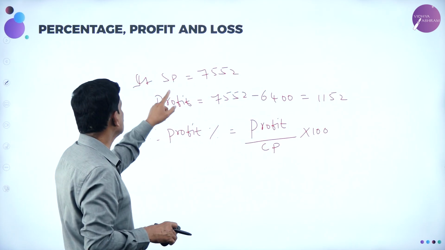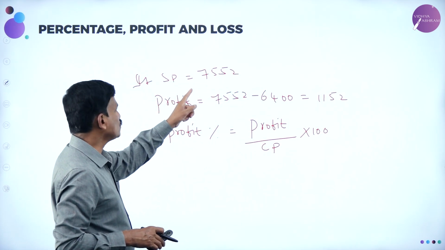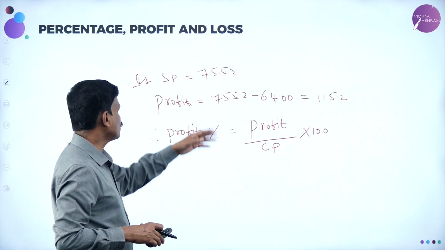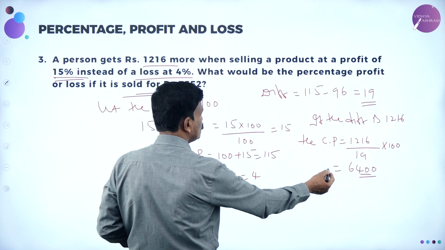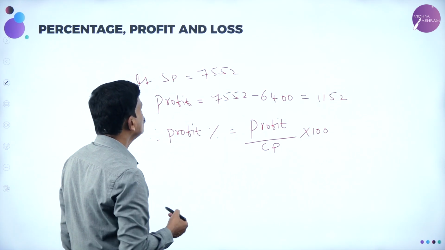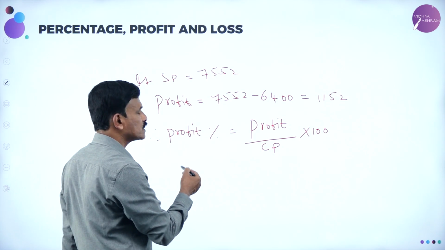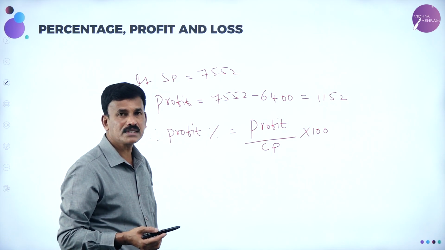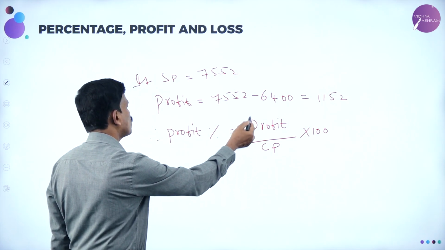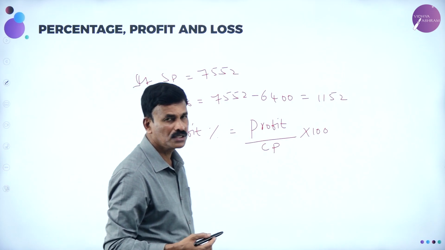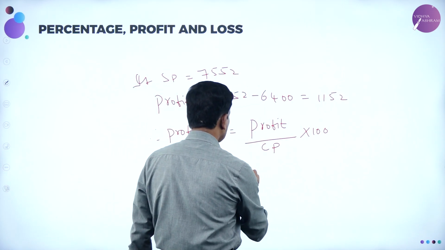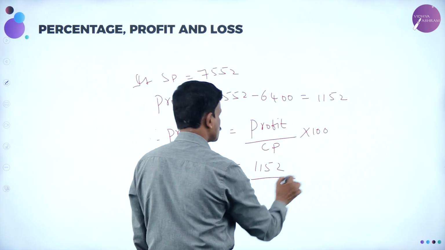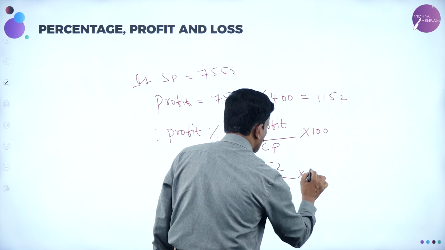See here, the selling price SP is equal to 7552. Therefore the profit is the difference, 7552 minus 6400 CP, that's equal to 1152. The percentage of profit is profit divided by CP into 100. Now substitute it. Profit is 1152 divided by CP, 6400, into 100.